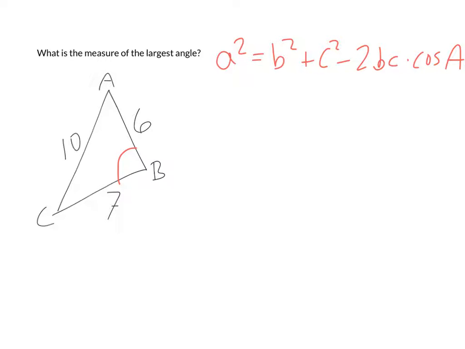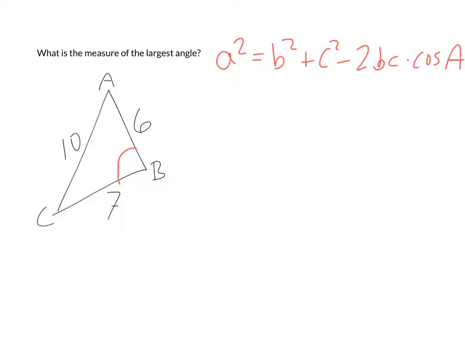So if I'm focusing on this particular angle here, which is angle B, I'm really thinking of 10 as my a squared, even though technically on this diagram it would be a lowercase b. Again, it's more about how you're looking at it on the diagram and not these particular letters. These are the sides that form this angle. This side is across from the angle that you want.